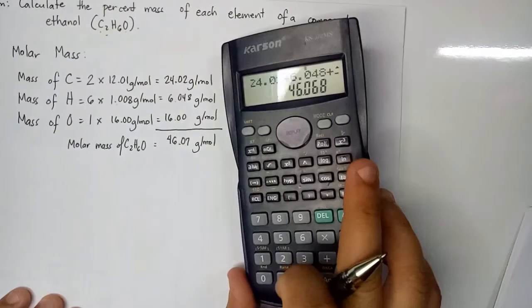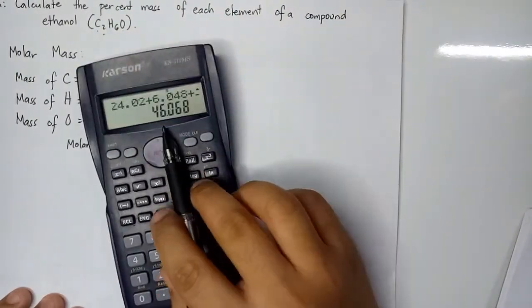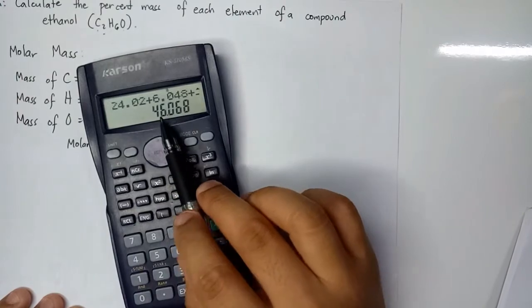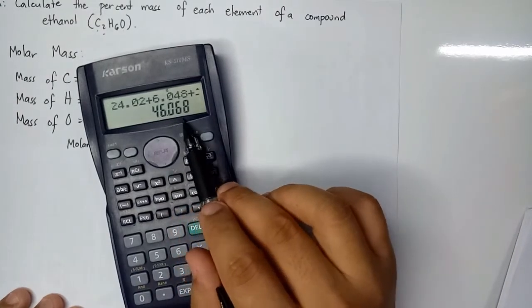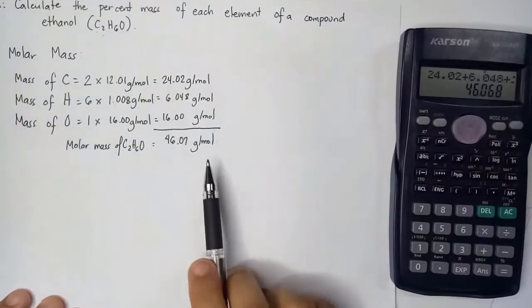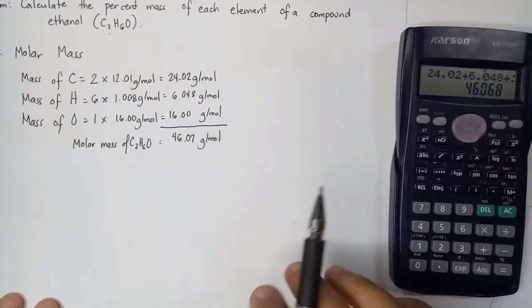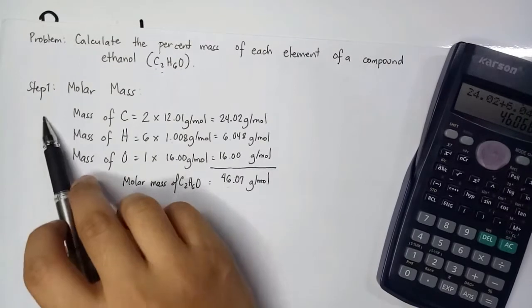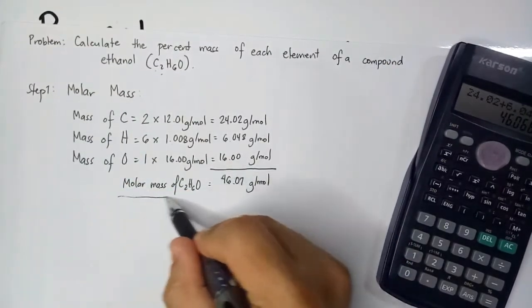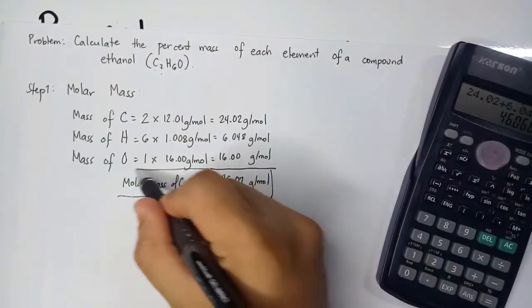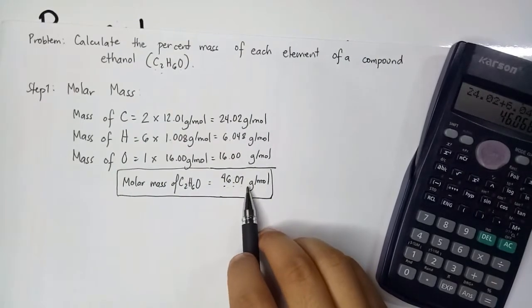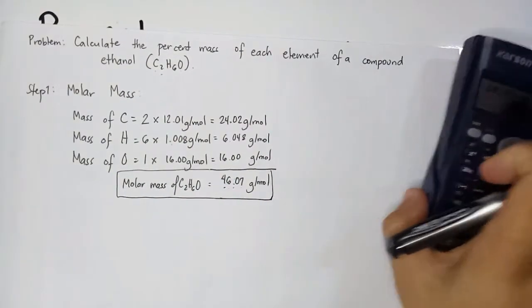So we have 46.068. I-round off natin, so we have 46.07 gram per mole. We are using 2 decimal places. Meaning, step 1, nakalculate na natin yung molar mass at ang molar mass niya ay 46.07 gram per mole.